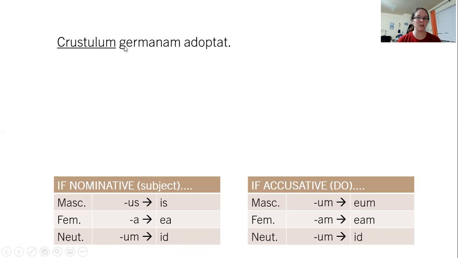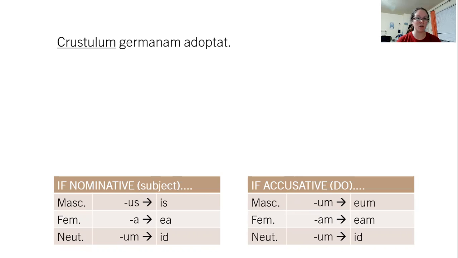So crustulum Germanam adoptat. Just for the sake of practice, let's check here. If we didn't know crustulum was neuter, we could say it could be accusative masculine or neuter, the subject or the direct object. But if we look over at Germanam, that can only be a direct object. And we don't usually have two direct objects unless there's a word like and with them.